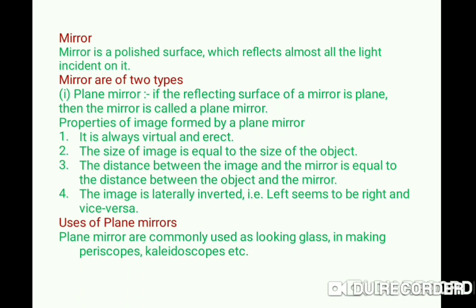That means if you are standing in front of a plane mirror at a distance of say 3 feet, then the distance from the image to the plane mirror is also 3 feet.